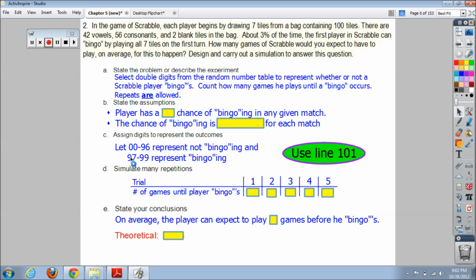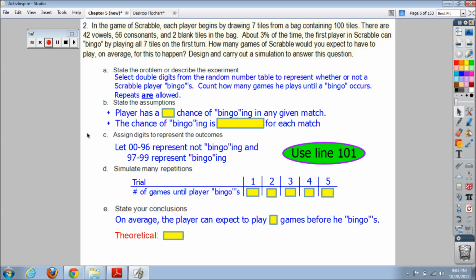And for bingoing, we're going to let 97, 98, and 99, because that's our 3% of the time. So if we saw a 97 occur and a 98 or another 97 occur, that just means that player bingoed 2 times. Okay, so 97 doesn't refer to a specific bingo, but just that they did, in fact, bingo.